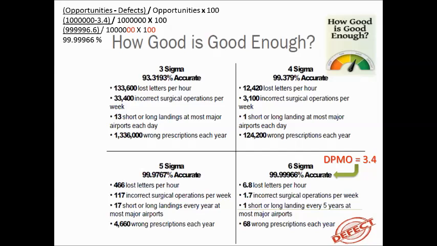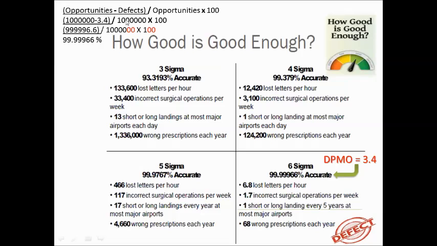It is calculated as the opportunities minus the defects, divided by the number of opportunities, times 100 to give the percentage. It means that if I have 1 million opportunities and only 3.4 defects, then I succeeded in 999,996.6.